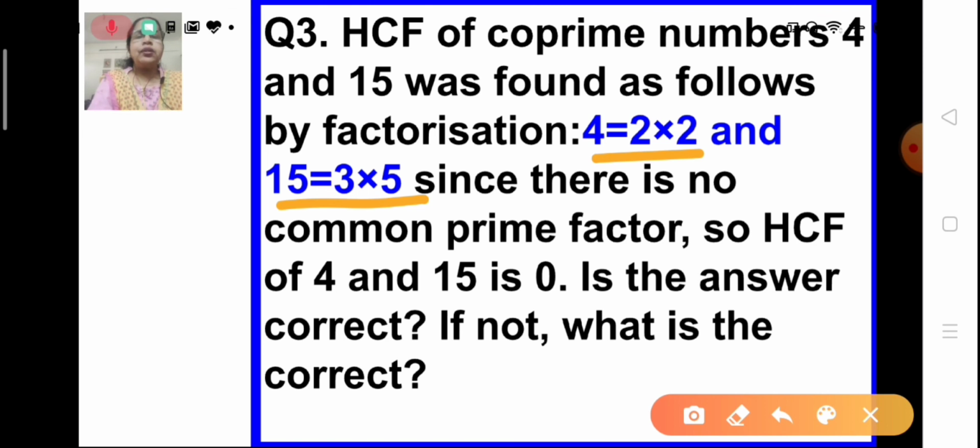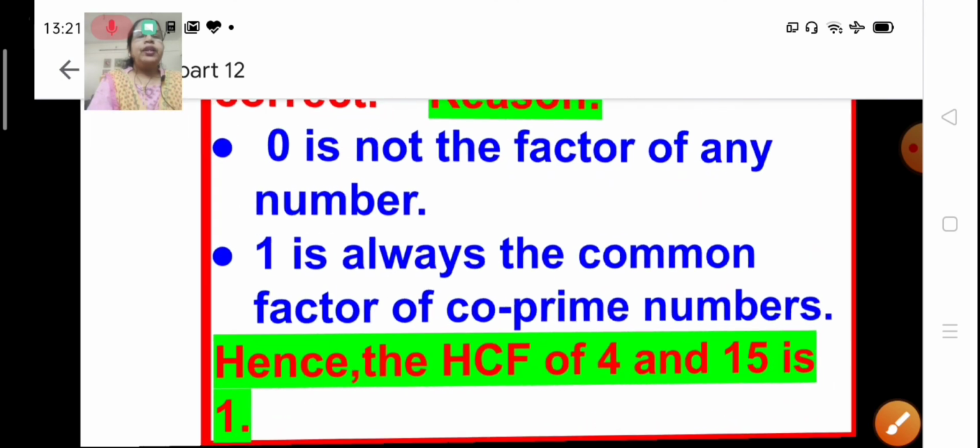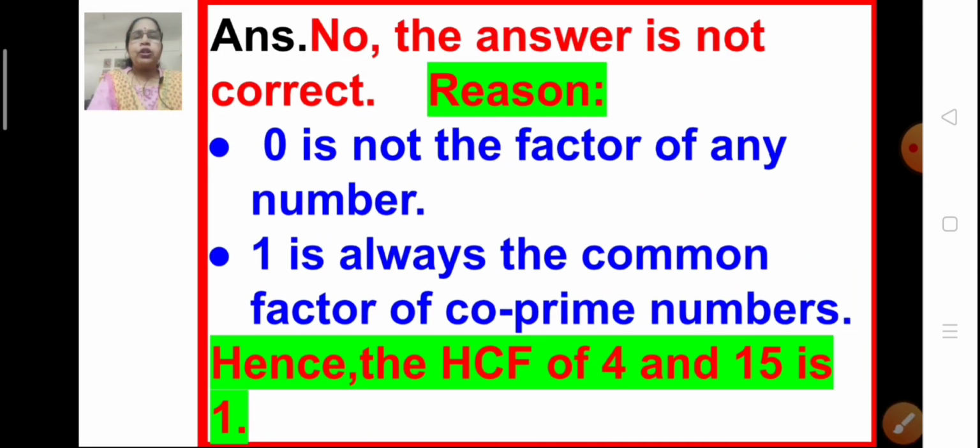Is it right? No, because 0 is not a factor of any number, and when two numbers don't have any common factor, they have 1 as the common factor. So the HCF of these two numbers 4 and 15 will be 1. It will not be 0.